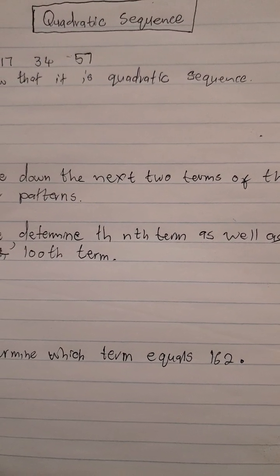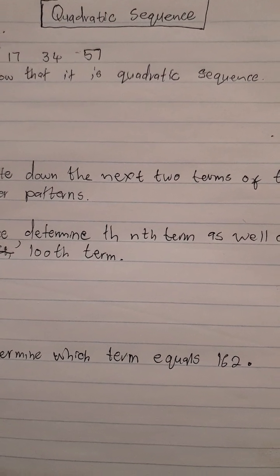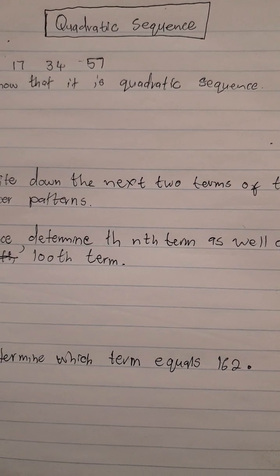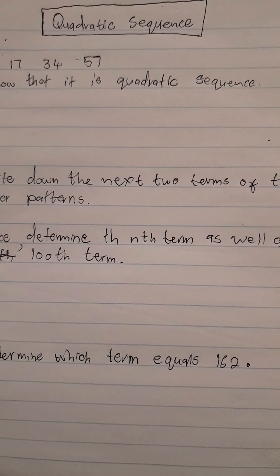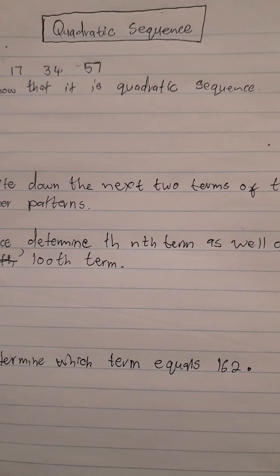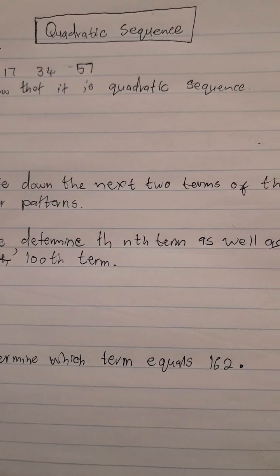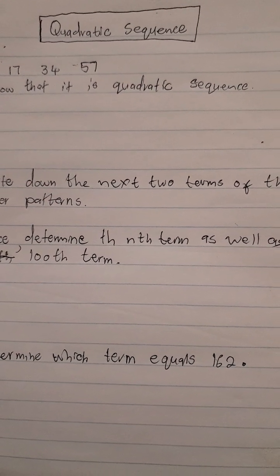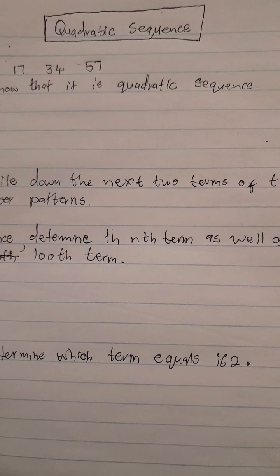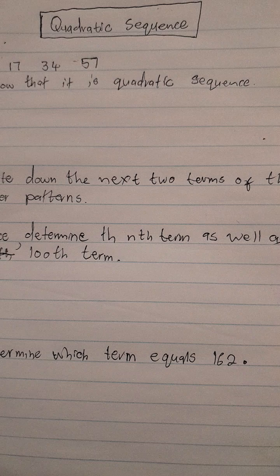Unlike other sequences, but just like other sequences, it also has its own first term. Remember, those differences are denoted by their special expressions. For example, the first difference is denoted by 3a plus b, and the second difference is denoted by 2a.